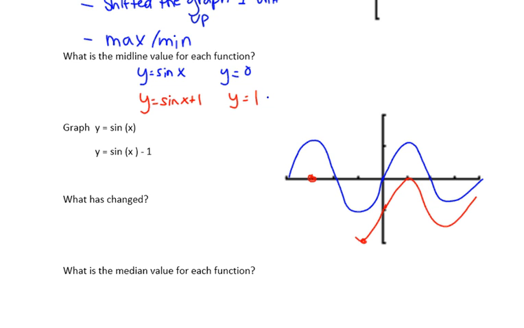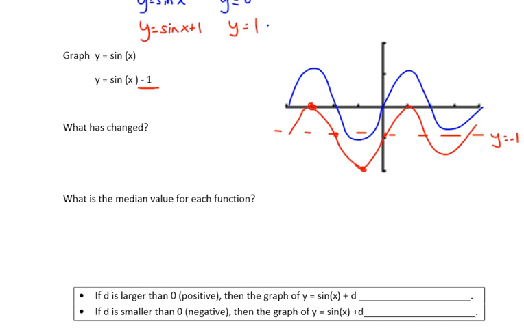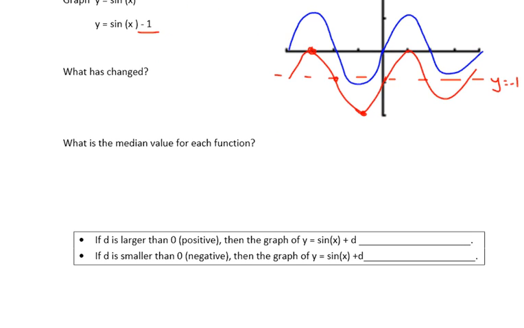There you go. So minus 1, our midline's now going to be at y equals negative 1. So our d value shifts our graph up and down, and it changes the midline. So the midline would be at negative 1. Really quickly, if d is positive, it's going to shift it up. And if it's negative, it shifts it down.